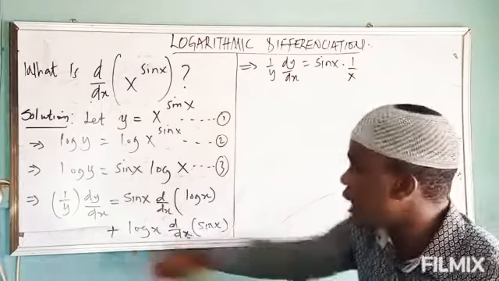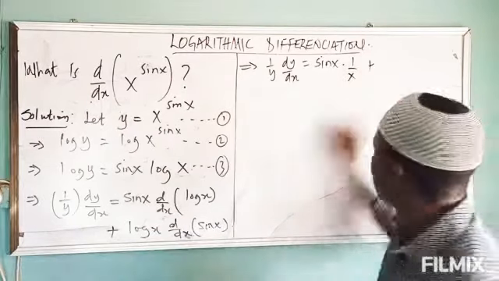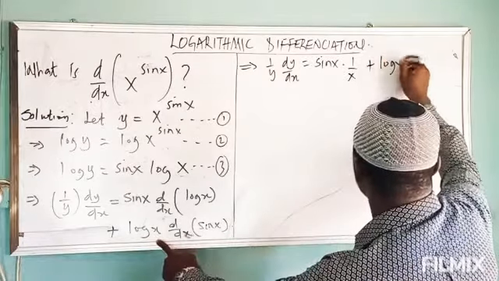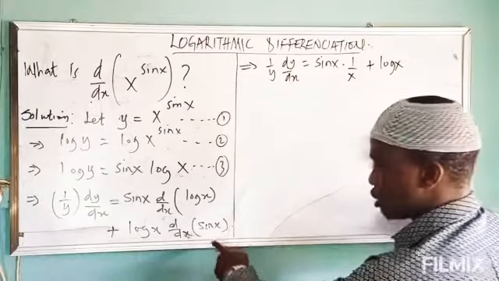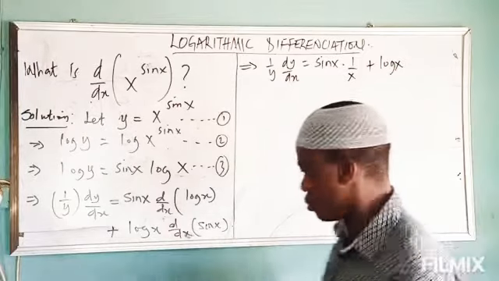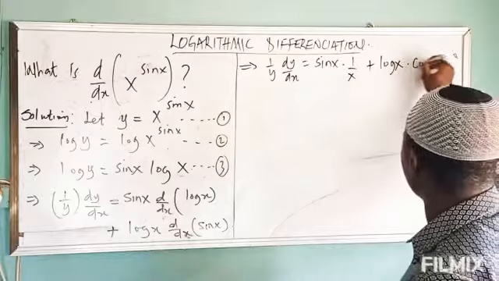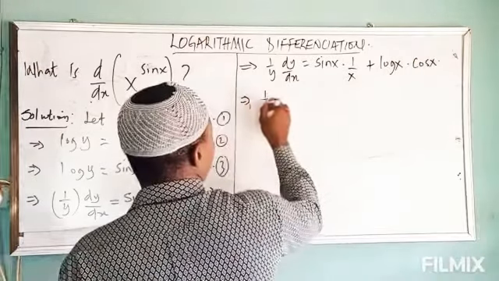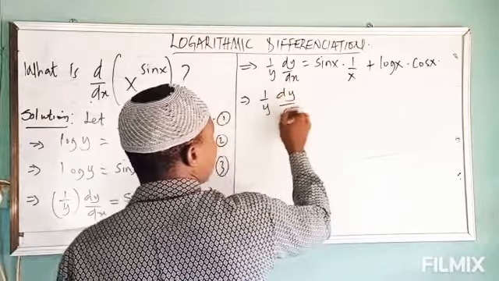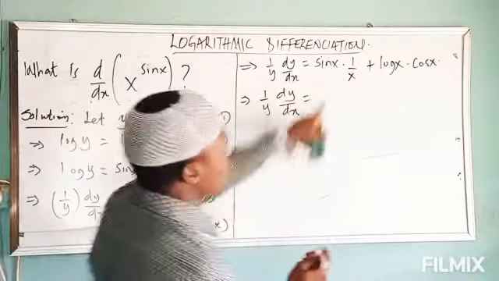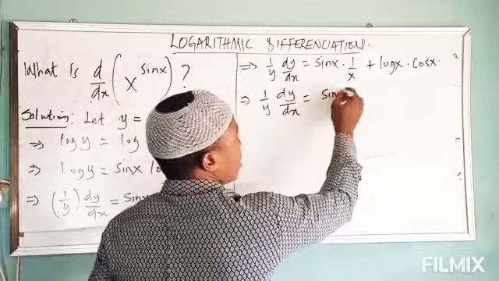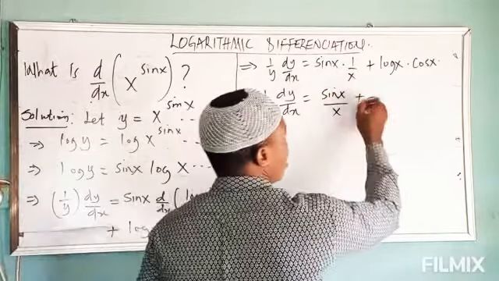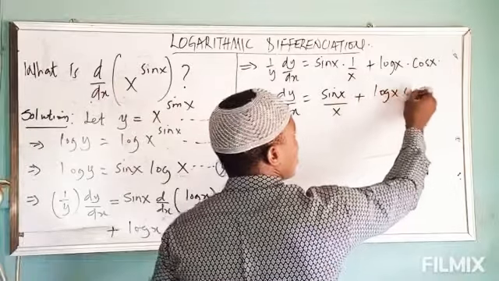So now from there, plus, you keep this one, that is log s, then you differentiate this one. Differentiating sine x will give us cos s. Are you getting it? So from there, we have 1 over y dy ds equals to sine x over x, are you getting it, plus log s cos s.